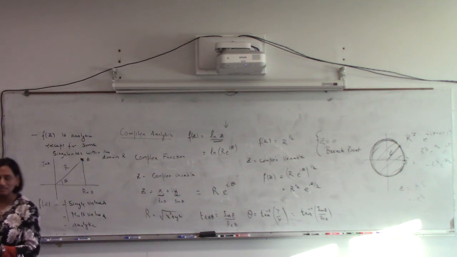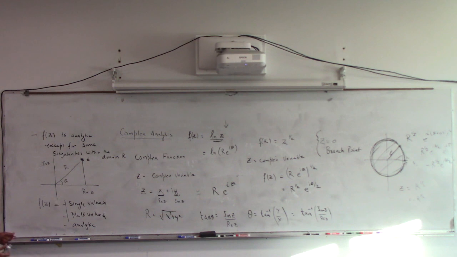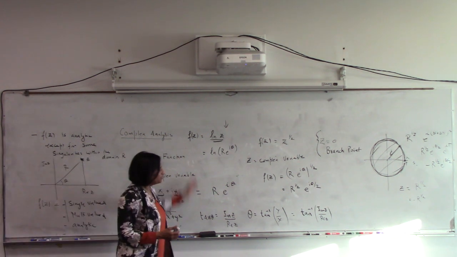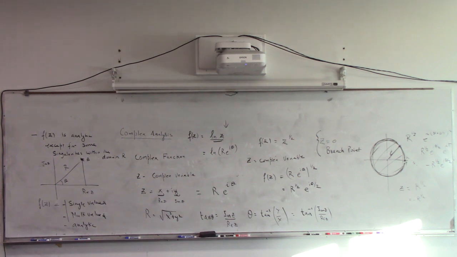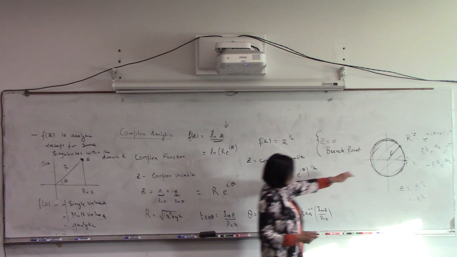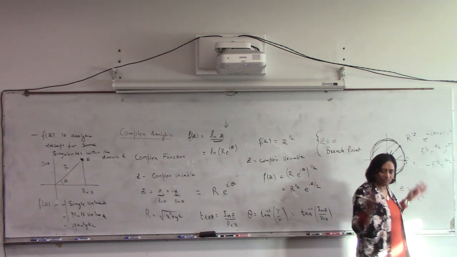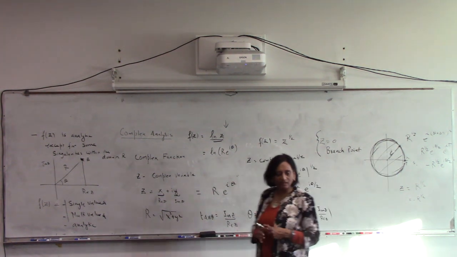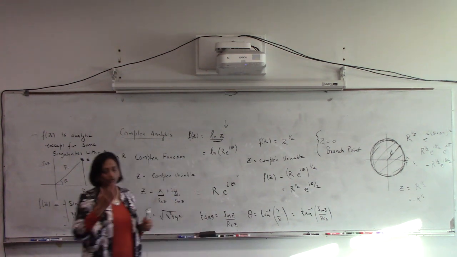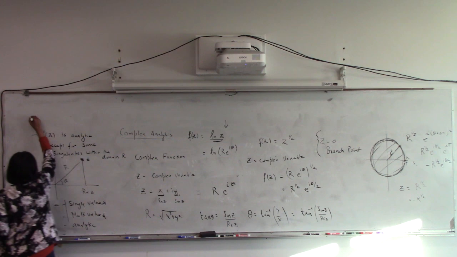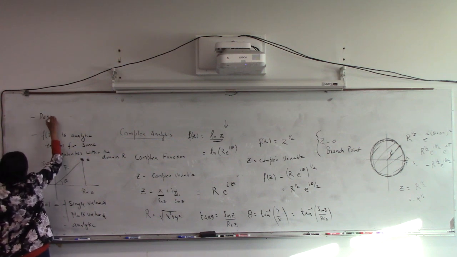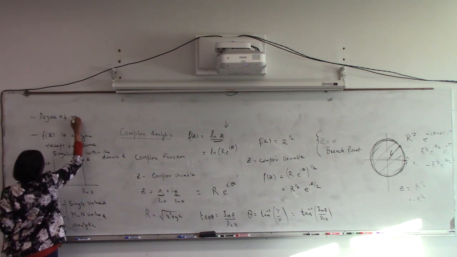In the other cases it depends on what the function is. Z to the power 1 over 3 perhaps has 3 values, and how many times you have to go around z equal to 0 to recover the value tells you this. It will exhibit 3 different values at a given point. That defines the degree of multi-valuedness of that complex function, so you also have to worry about the degree of multi-valuedness.